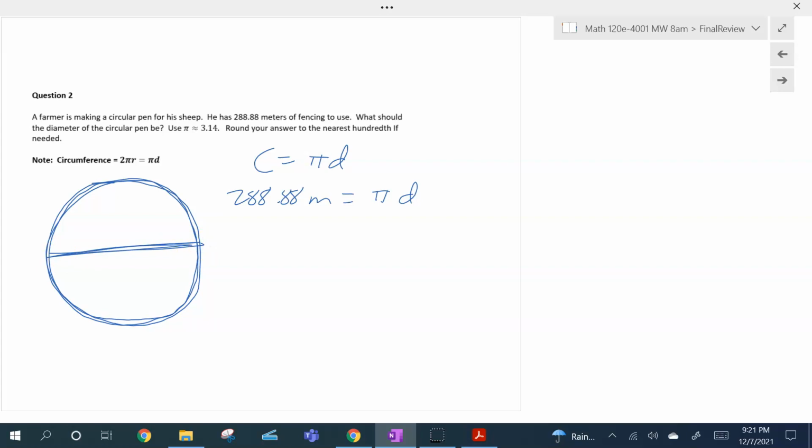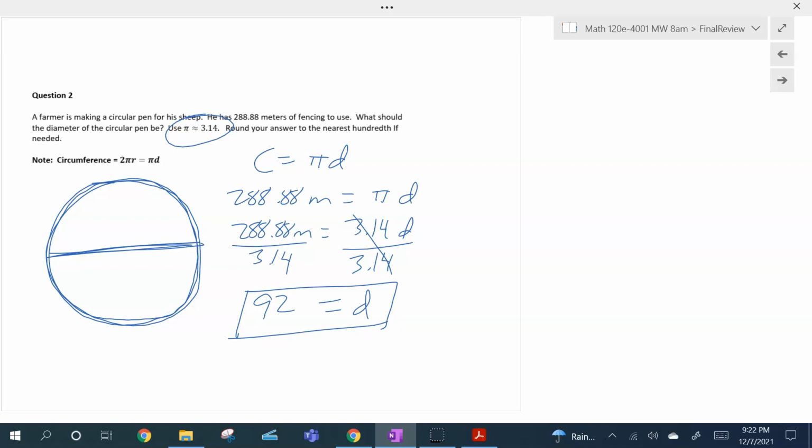Notice it says use pi as 3.14, so we can go ahead and plug 3.14 in for pi and divide by that. You can use the pi button too. Being a little more exact is not a bad thing.